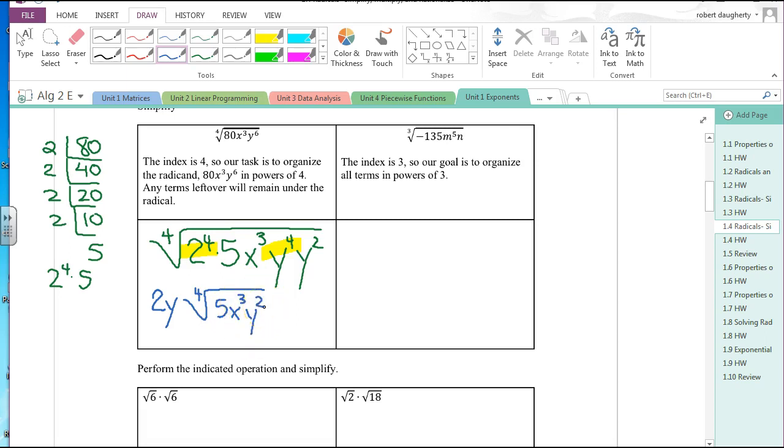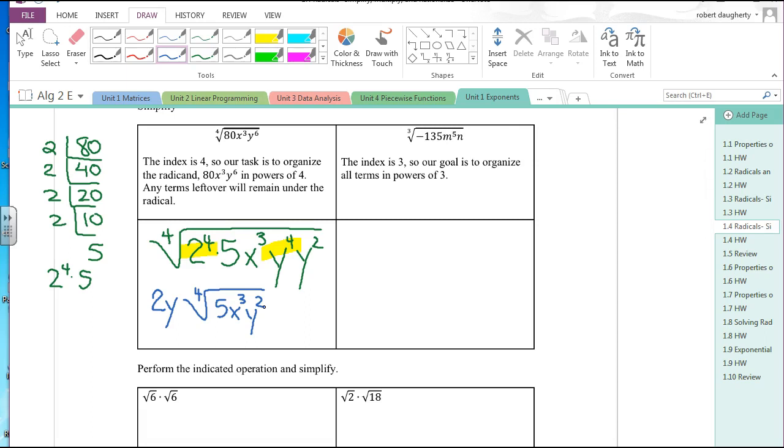Okay, so if it's the fourth root, every exponent that stays in my final answer has to be what kind of number? Less than 4, right? Okay, if it's 4 or greater, it comes out. It's simplified.